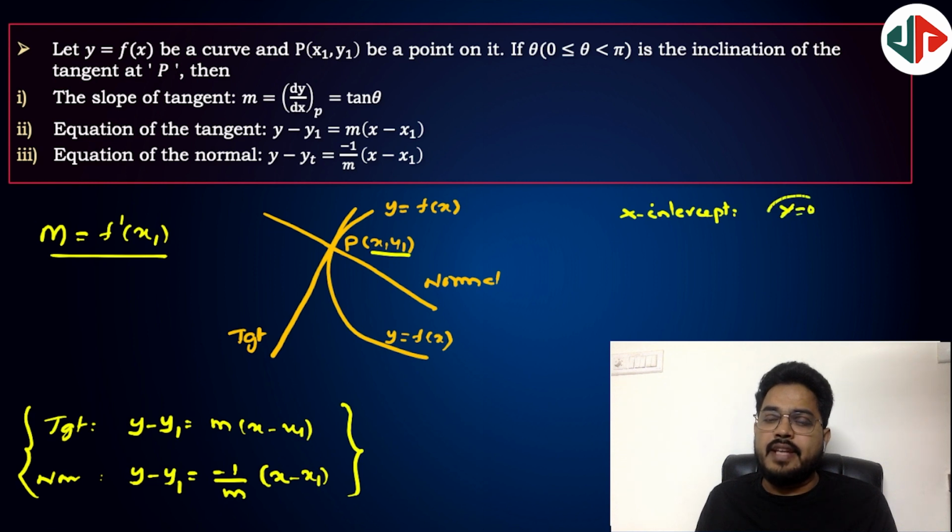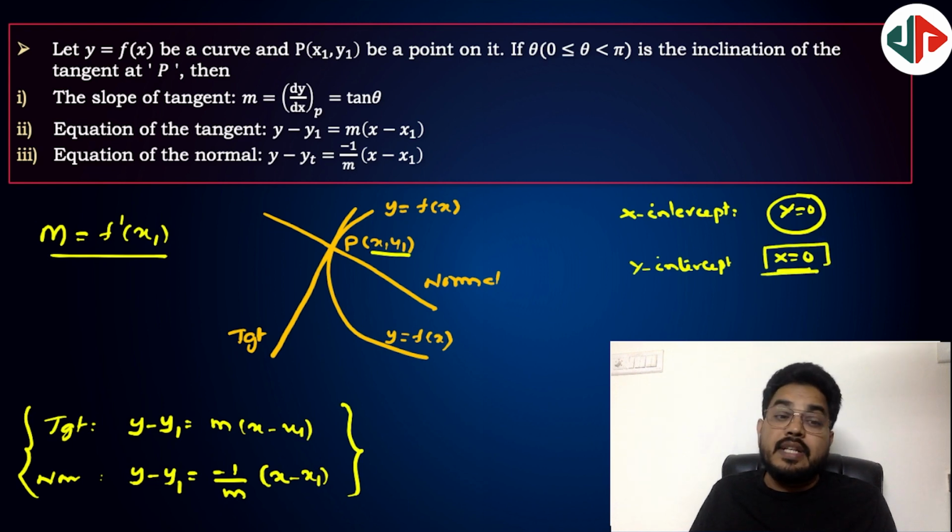To find the x-intercept, we need to take y is equal to 0. To find the y-intercept, you need to take x is equal to 0. Because in differential equations, they'll talk about the tangent, x-intercept, y-intercept and everything. So tangent and normal are mutually perpendicular.